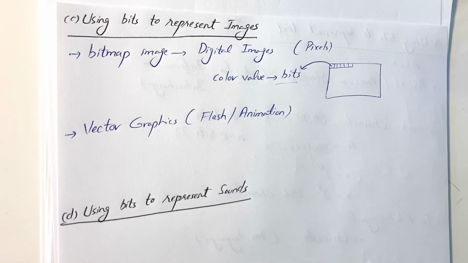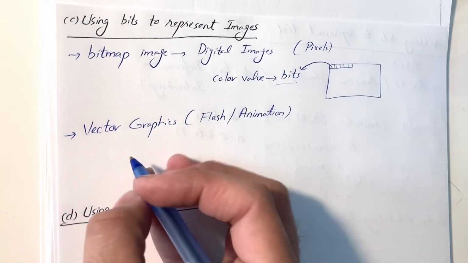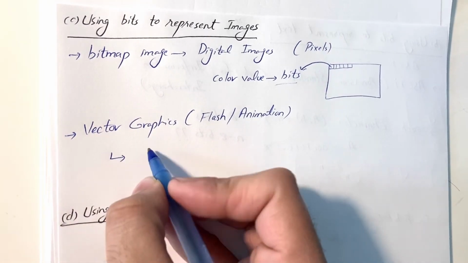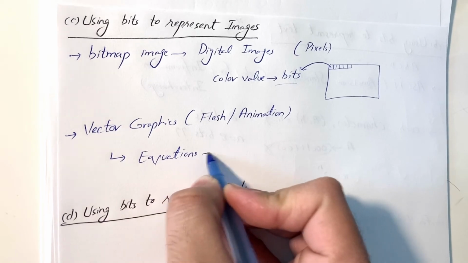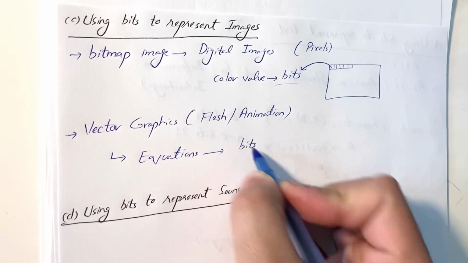For example, if you keep zooming in or make the size big, there will be no poor resolution. If you take a printout of a bitmap image on a Panaflex sheet, a big sheet, it will lose resolution. The reason is that vector graphics are made of equations, and these equations can be represented in the form of bits.